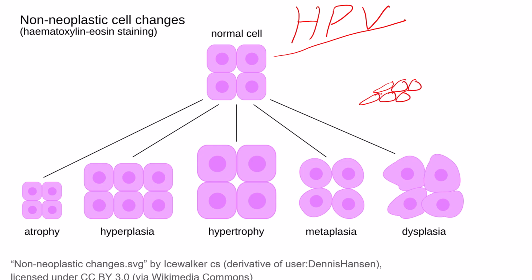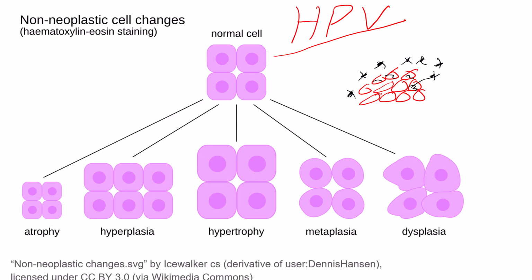So imagine here I'm going to draw some cells in the cervix. And then we have the virus. I'm trying to draw little virus particles. And these virus particles come and they infect the cells.